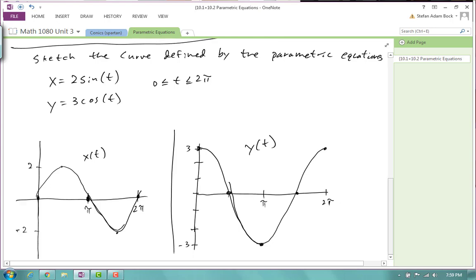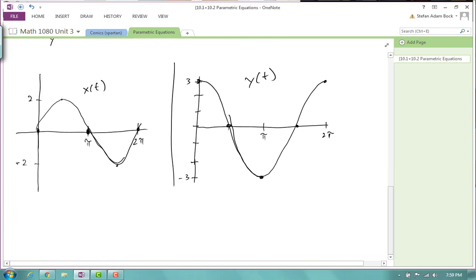So how should I read this? Well, I should read this as my x values start at 0, they go over to 2, then they go back to 0 and back to -2, and then they come back up to 0.